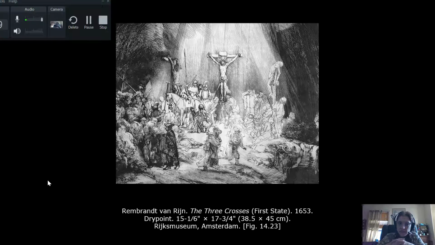Here's an amazing example. So this is a dry point etching, like I just showed you. This is called the Three Crosses, and it was created in 1653. It's printed in 1653. And Rembrandt was such a master printmaker because of a couple of things that I'll show you.